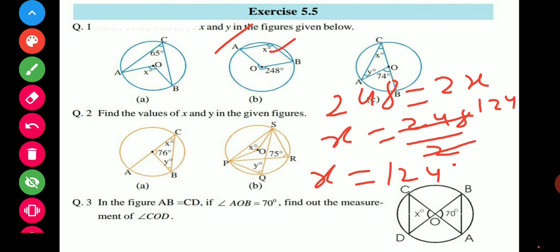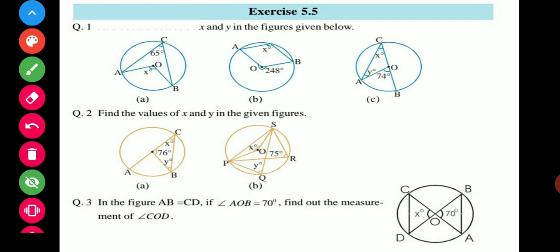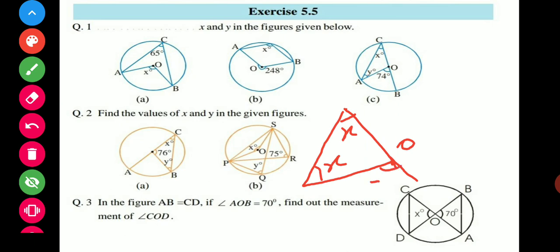Now you can do similarly the C part. How can we do the C part? As you know, in this triangle, this angle and this angle, it is an isosceles triangle. So both are equal. If one is given x, so the other will also be x. And this is the center, and that is 74 degree.